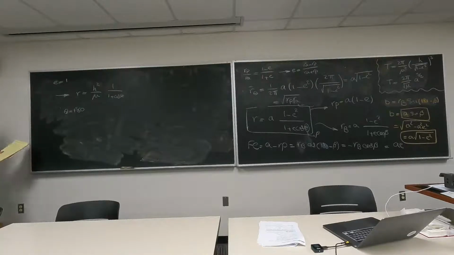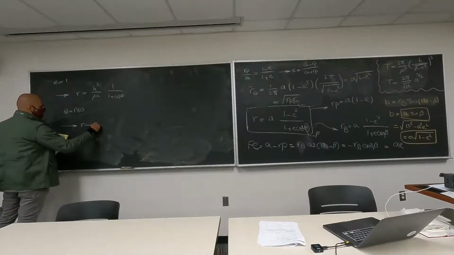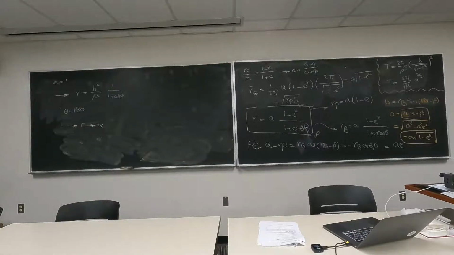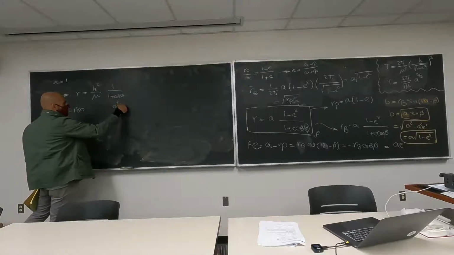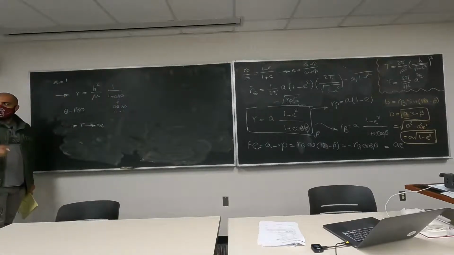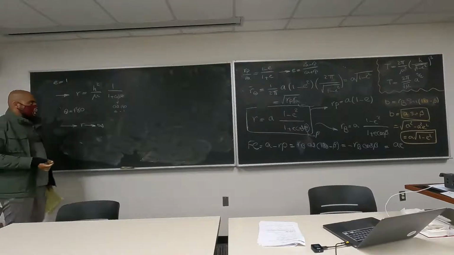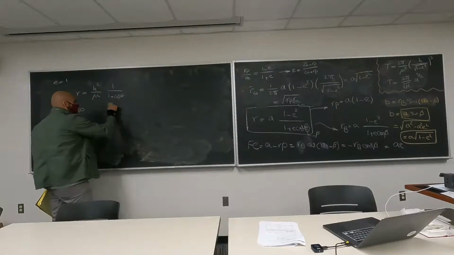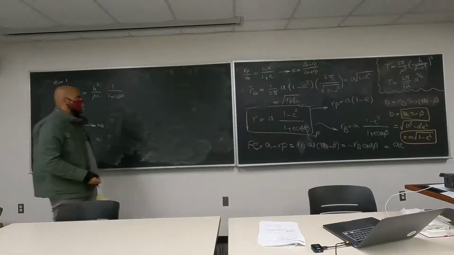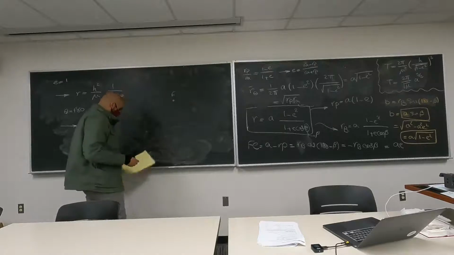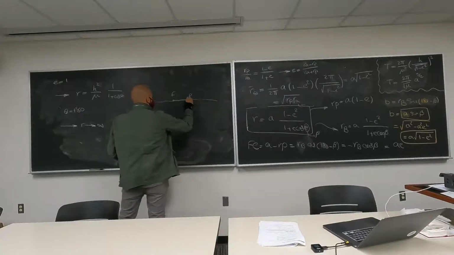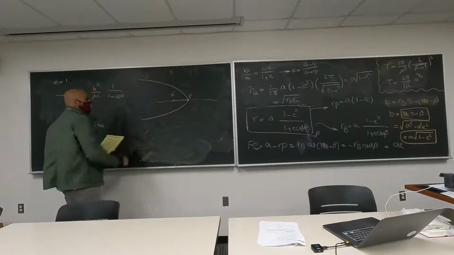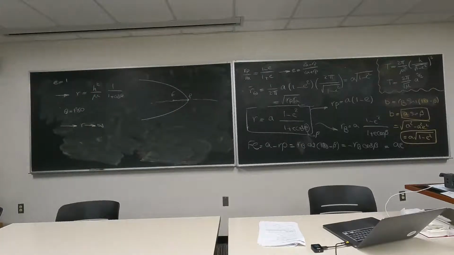Which means that r is going to approach infinity. Say this is your focus, and you have the periapsis here. This is your apse line. This is how it's going to look. It will look like a parabola, right?